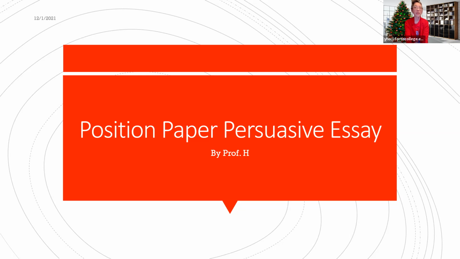So those are the 3 kinds of persuasive papers. And that's the last part of my presentation, where I'm going to give examples of the 3 kinds of persuasive essays. So first I'm going to cover what is a position paper.